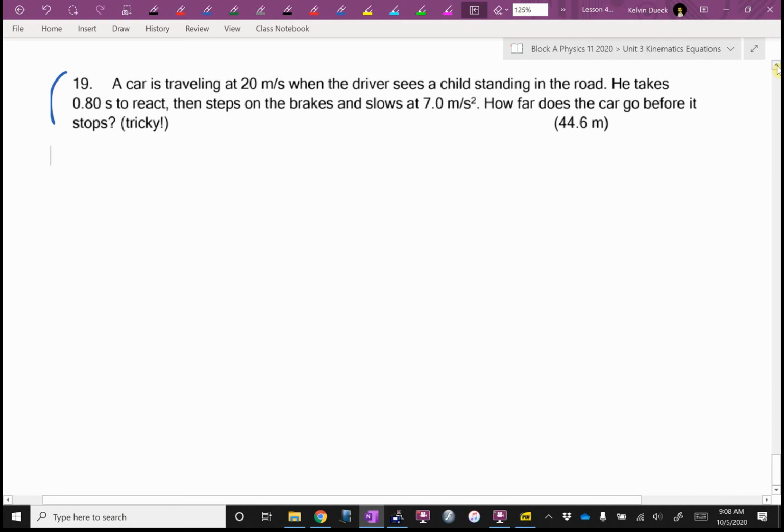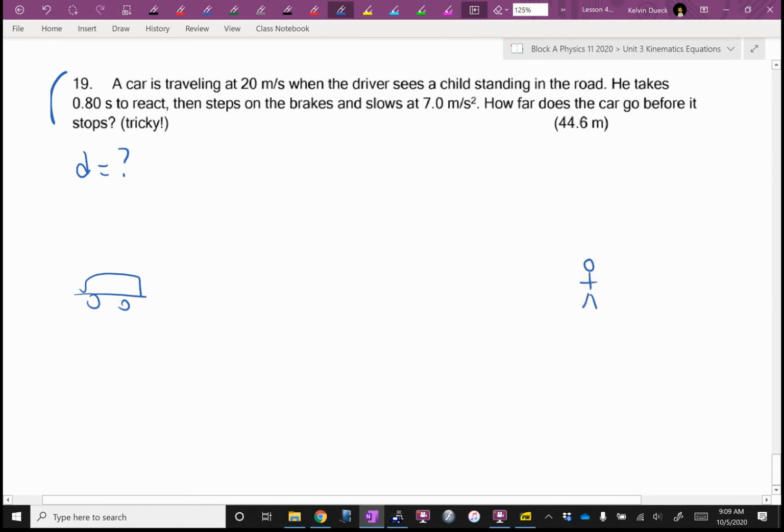Well, what does this question want me to find? We're going to get a displacement technically, but sure, I'll go d equals question mark. I need to visualize what's going on. Car. Person.